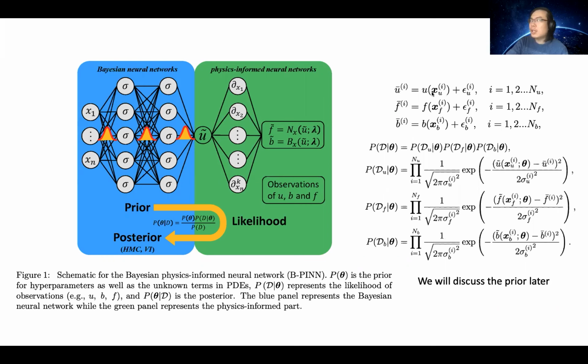We assume that the observation is the ground truth plus Gaussian random noise.